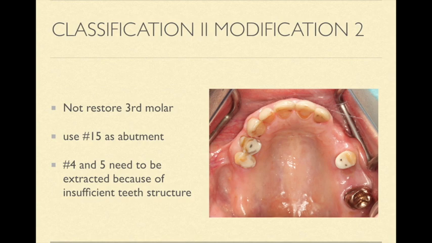On the right side, next to the canine, there are no teeth, right? So the posterior edentulous area, posterior to the natural teeth, is class 2 because it's unilateral. However, we still have 2 edentulous areas between the teeth, so we call it class 2 modification 2.